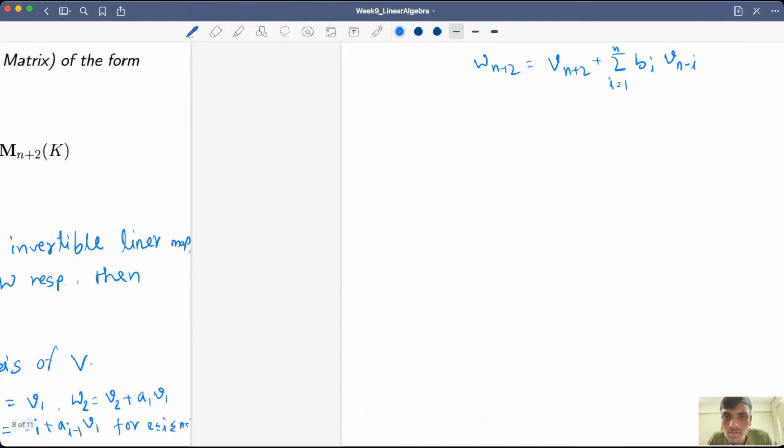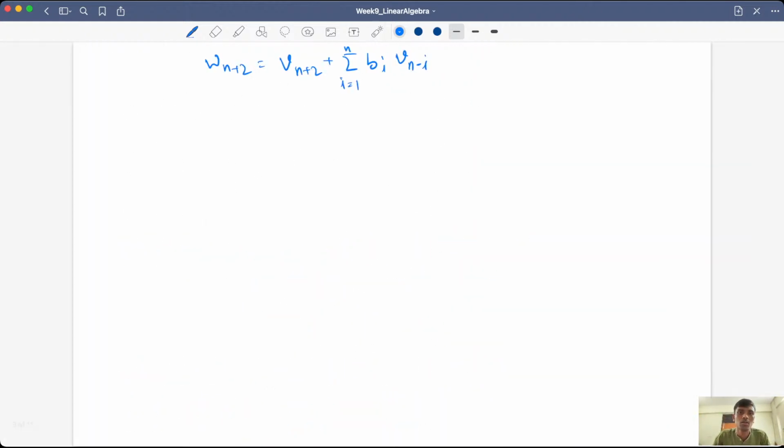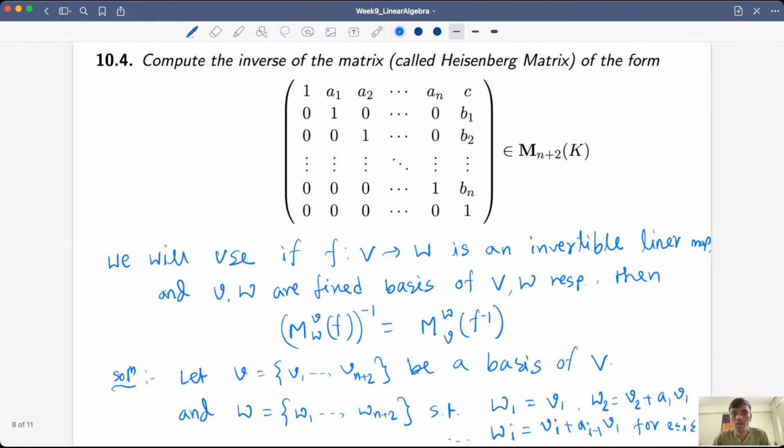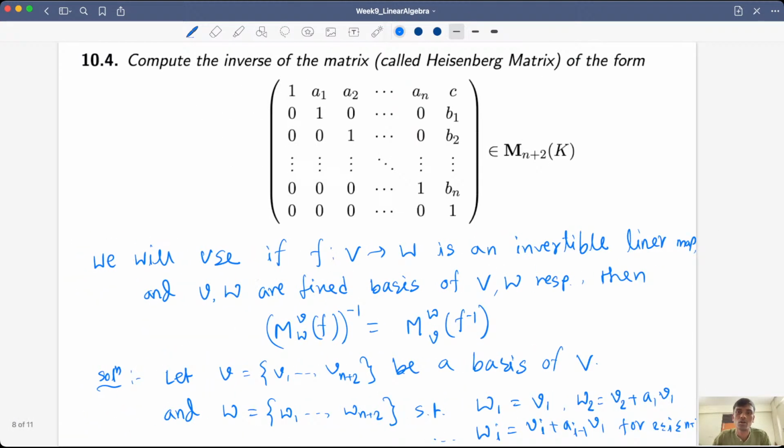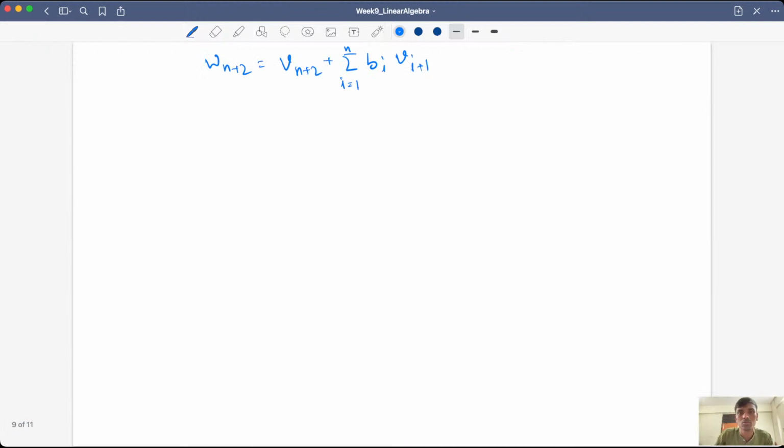I'm missing something: this is bn, and it is not n minus i, it is just i plus 1, because b1 is the coefficient for v2, so this thing plus c of v1.